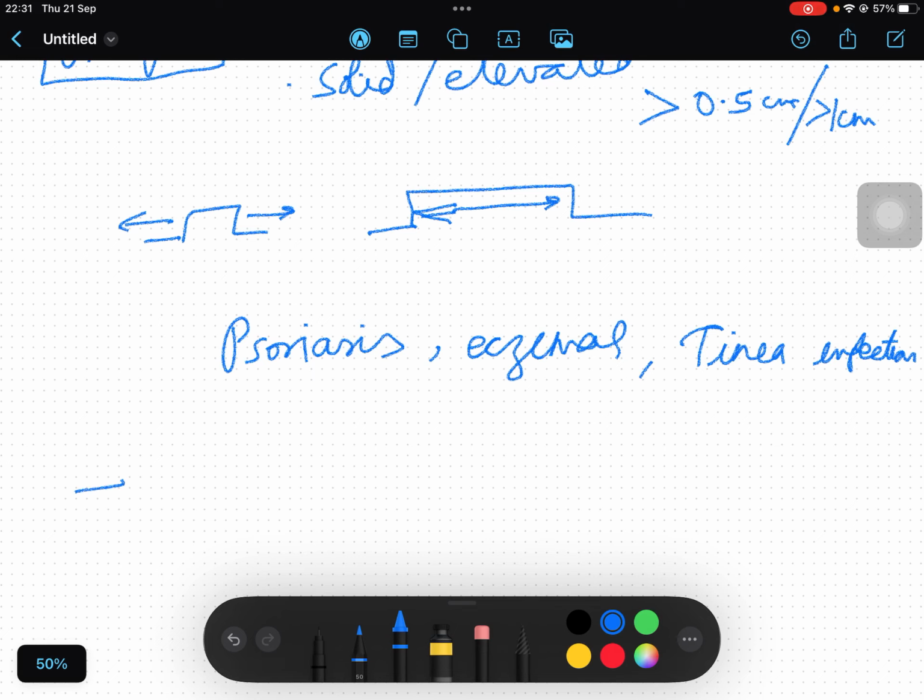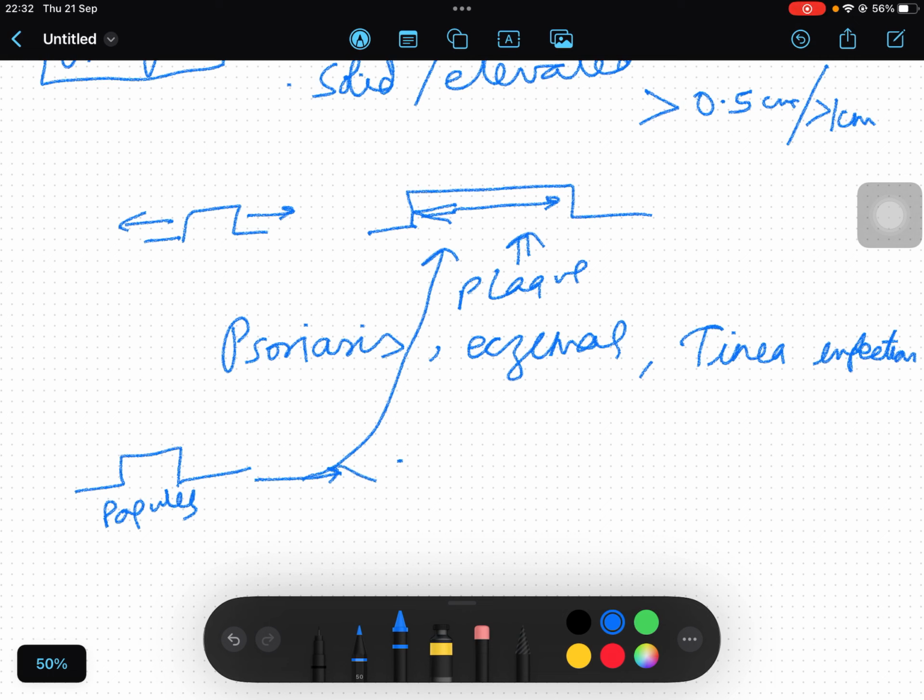We saw that if a papule enlarges so that its horizontal diameter is longer than its vertical diameter, it will be a plaque. But suppose only its vertical diameter enlarges, so the vertical diameter is more than the horizontal diameter, in this case we call it a nodule.